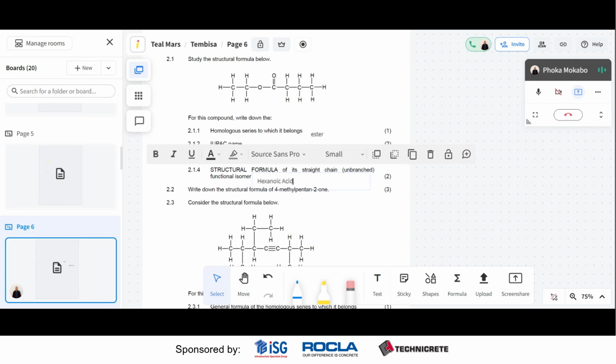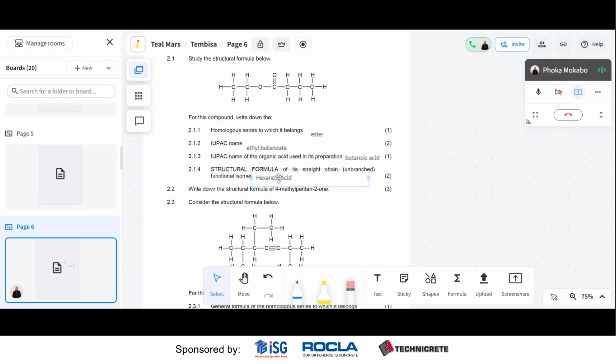Now, me writing down the name is not the structural formula that we're about to do just now, but just so that we know exactly what we're writing the structural formula for, let's just put the name down there. Okay. And it's not the condensed structural formula, it's the full structural formula for hexanoic acid. Okay, let's just draw it quickly.